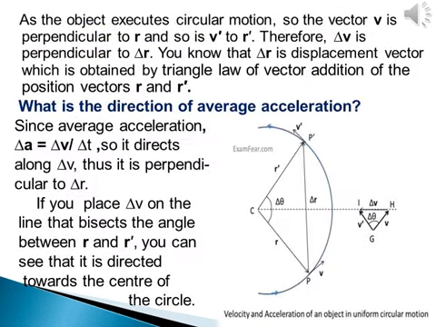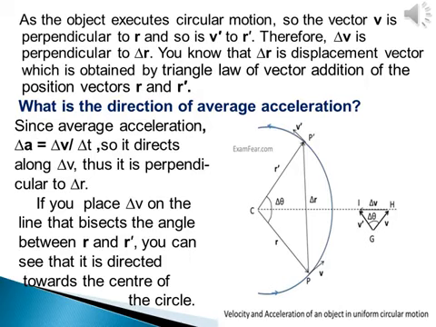As the object executes circular motion, the velocity vector v is perpendicular to the position vector r, and velocity vector v dash is perpendicular to the position vector r dash, which are seen in the given figure. Therefore, delta v is perpendicular to delta r.